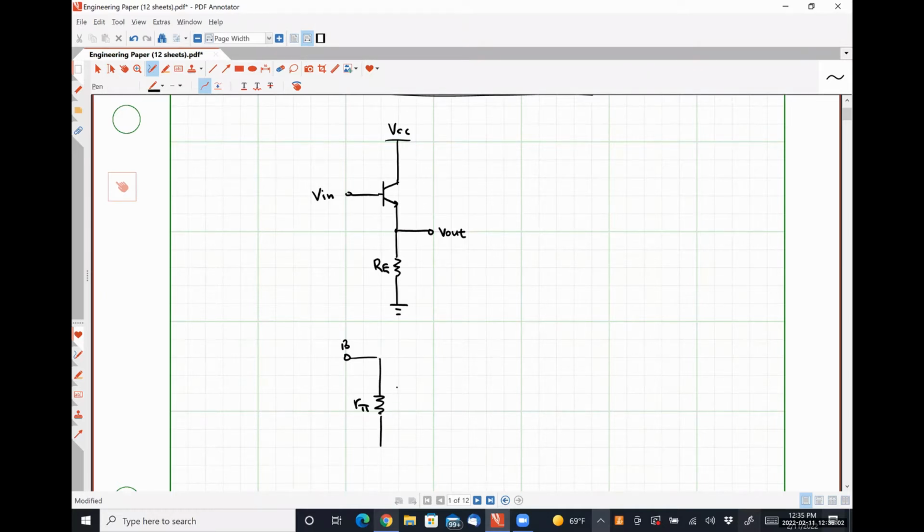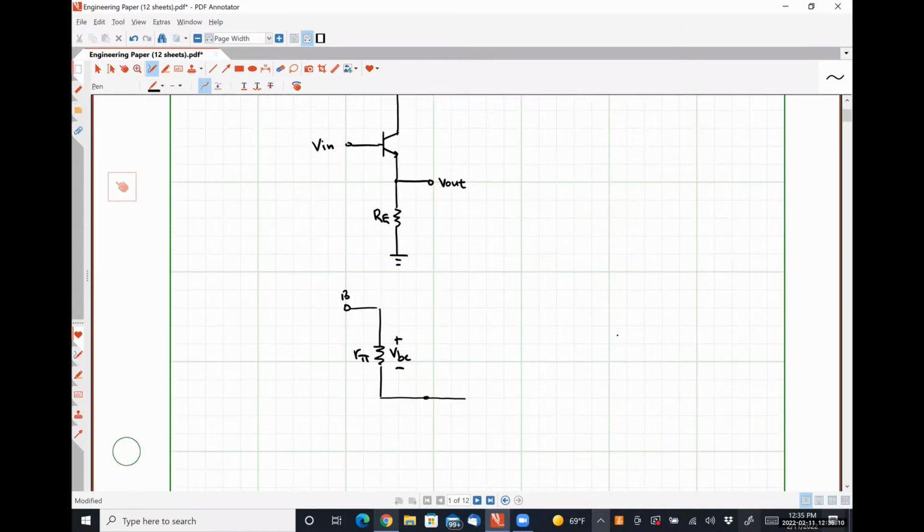Here's our resistance R pi and its associated voltage drop VBE. Here is our emitter terminal. Then we have GM VBE here and our collector terminal.